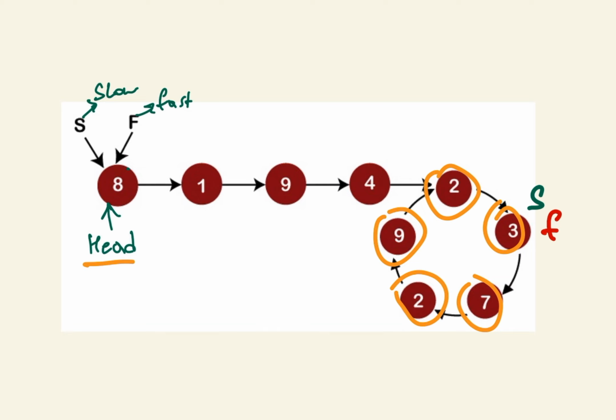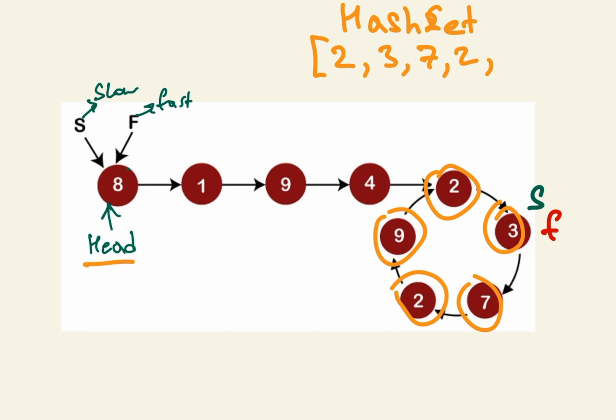To do it, we have to store each of the list nodes in the cycle in a hash set, because a hash set works faster: the time complexity of the contains method in a hash set is O(1). So that's why we need to store them in the hash set. We are storing the list nodes, not values.